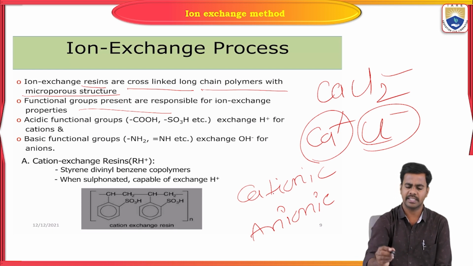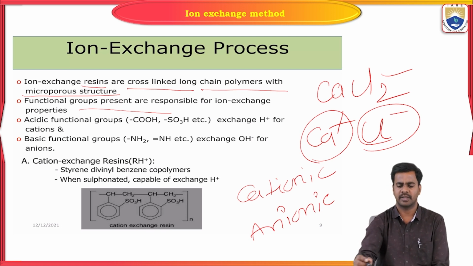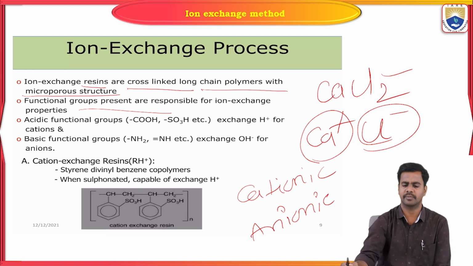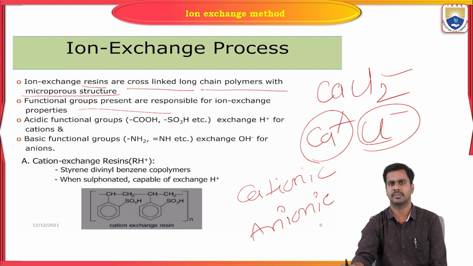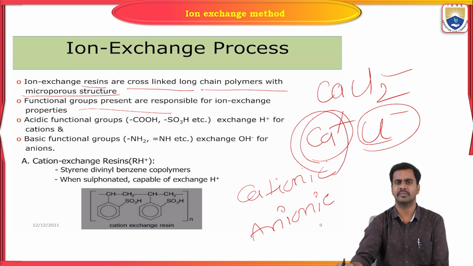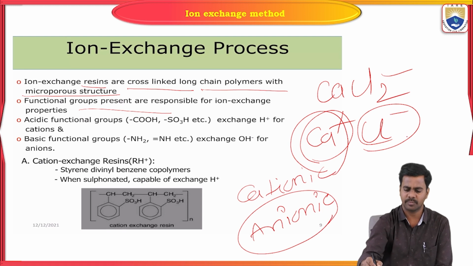The cationic resin can remove the cations present in the water. Like if you take water which contains calcium chloride, here Ca2+ is the cation and Cl minus is the anion. The cationic resin removes cations present in the water, and the anionic resin removes anions present in the water.